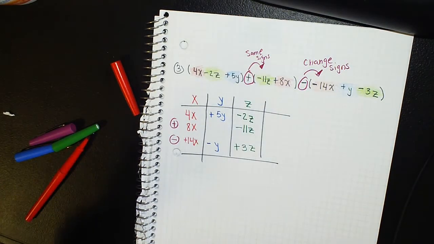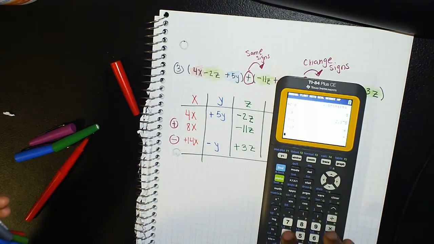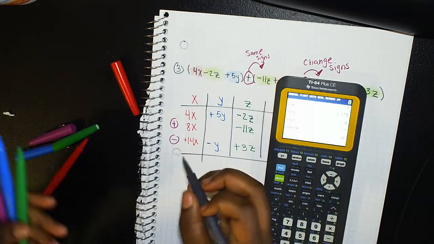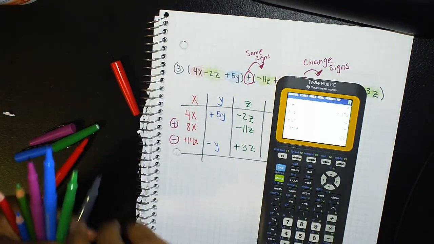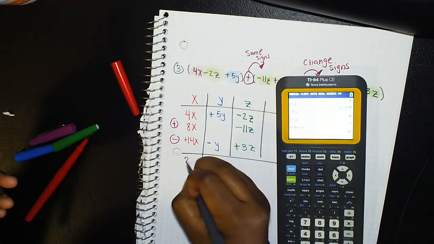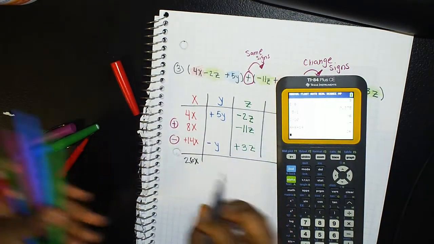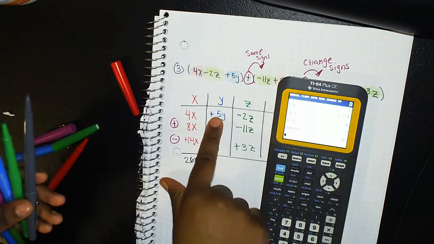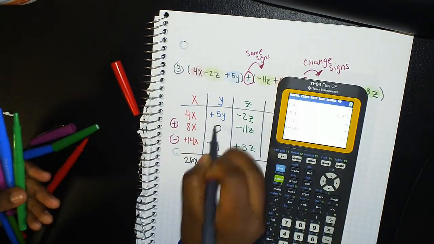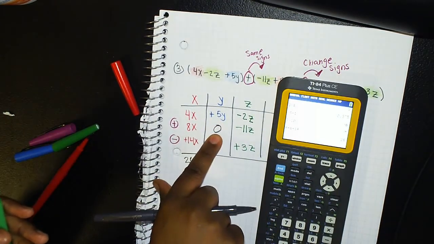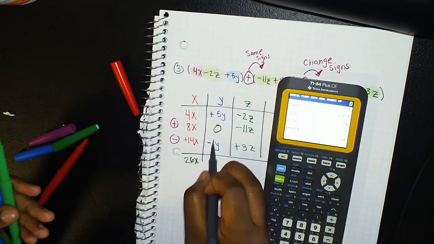4, let me get a calculator. This is a lot of numbers. 4 plus 8 plus 14, 26x. And then 5 plus 0 minus 1. So there's a 1 right here.